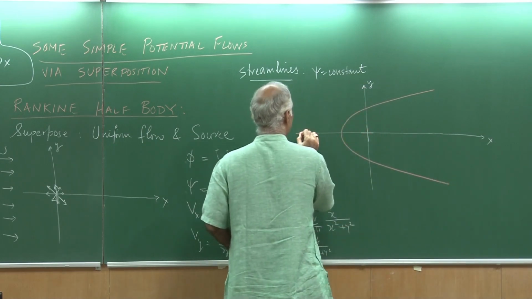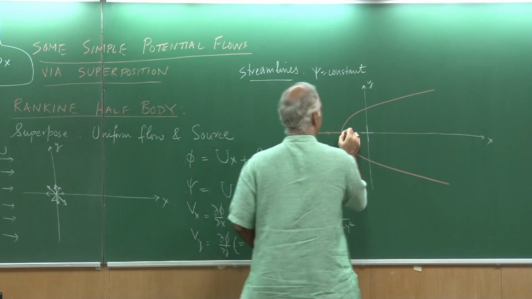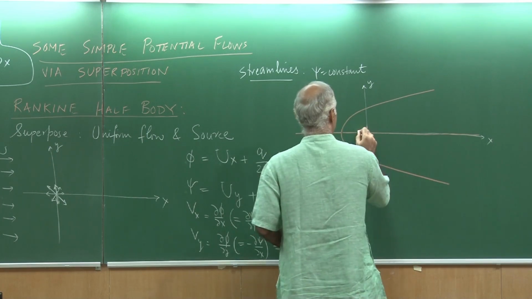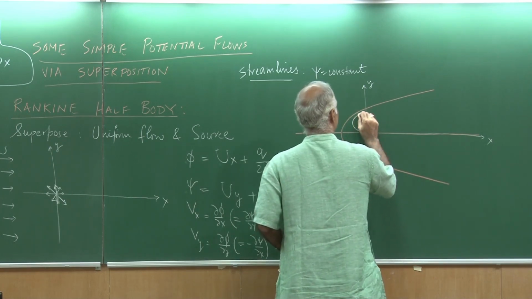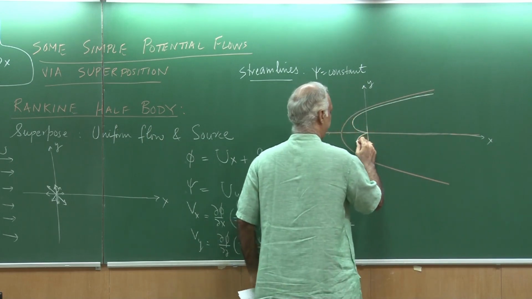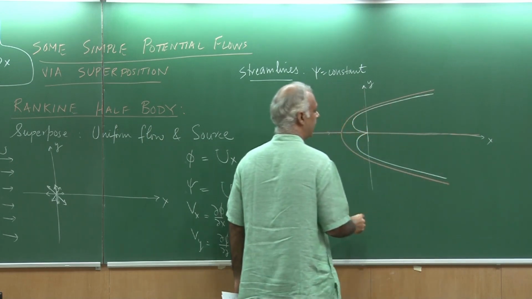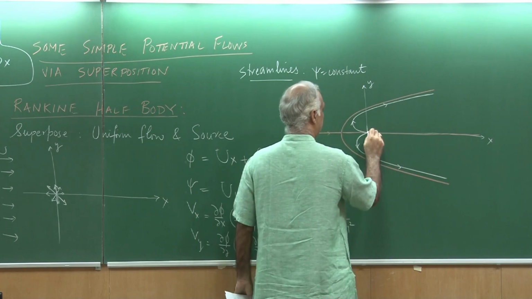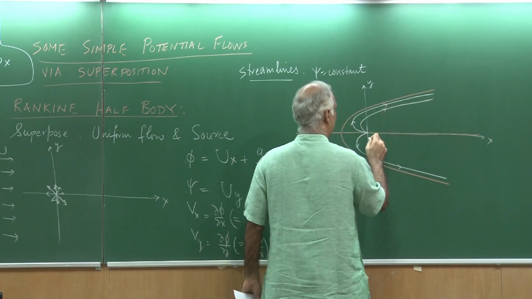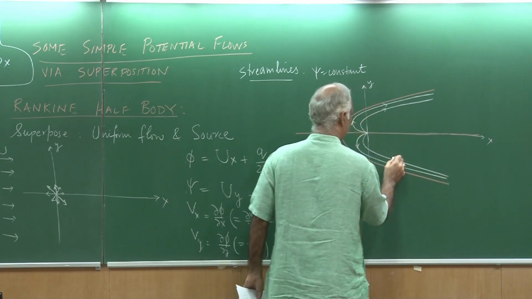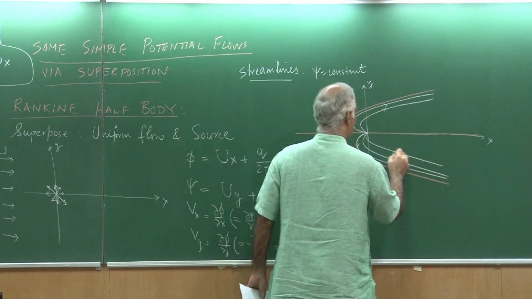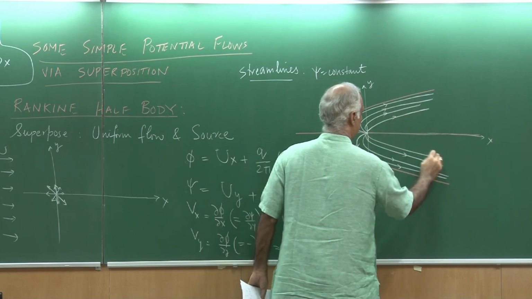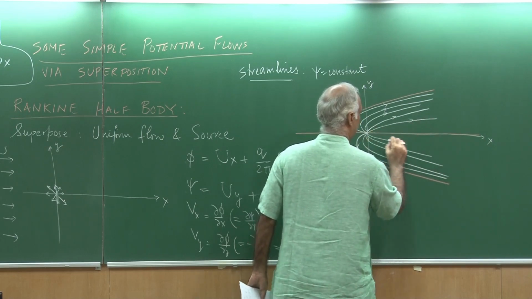This is one streamline that we would get, and there would be others which would look like this. So, it would be symmetric about the x axis, okay.